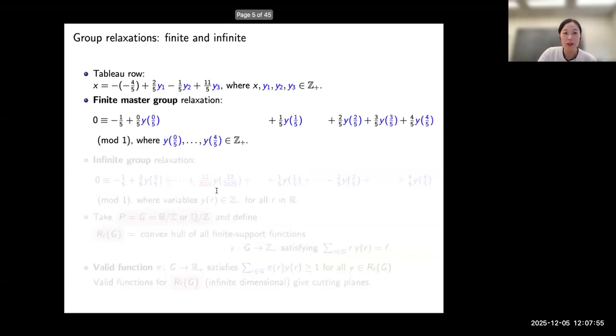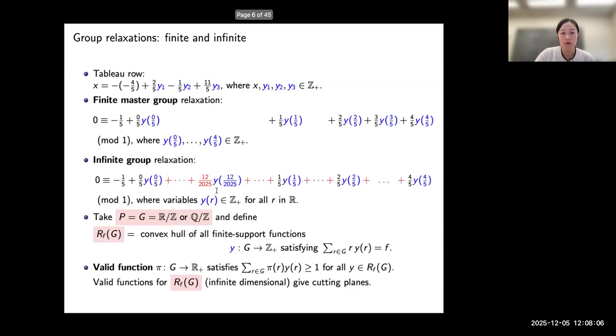Gomory and Johnson considered even one further relaxation. So now we ignore the denominator and we allow any real value. That is, we consider infinitely many variables y, and we are looking for a function pi still in the form of the sum of pi(r) y_r greater or equal to 1.